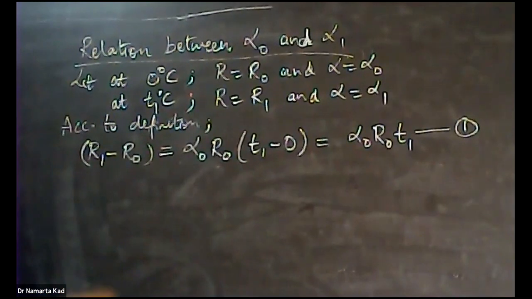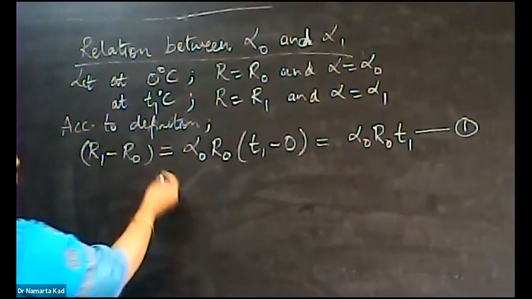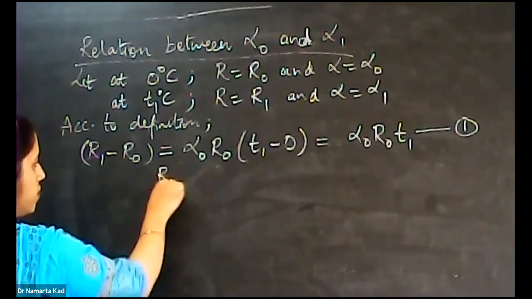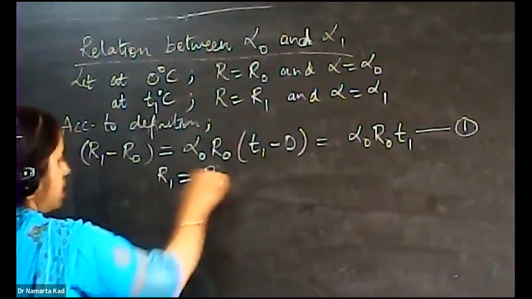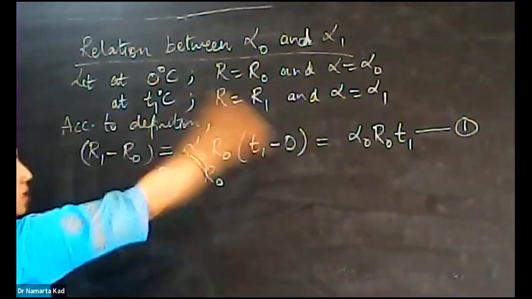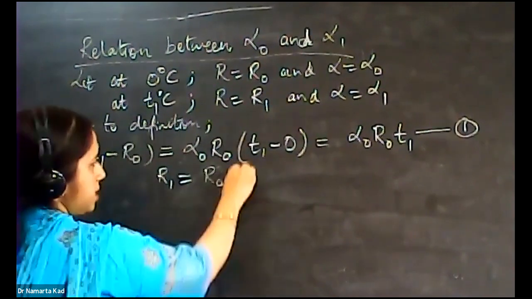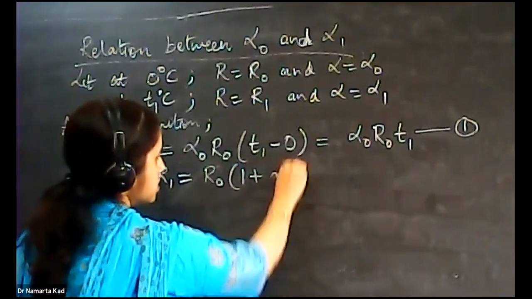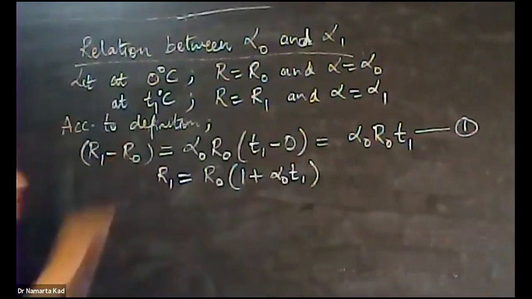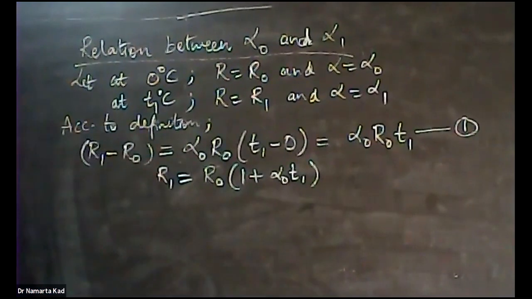Okay, and from this the same formula comes out to be R1 can also be written as R0, you have to take this on the other side, it can be written as R0 into (1 plus alpha naught T1). Okay, now in the next step, we have to apply one condition.